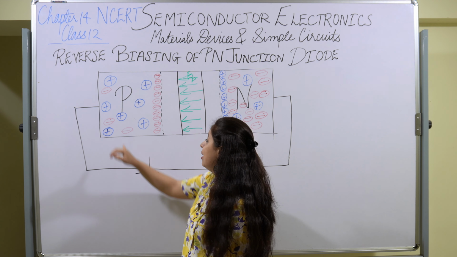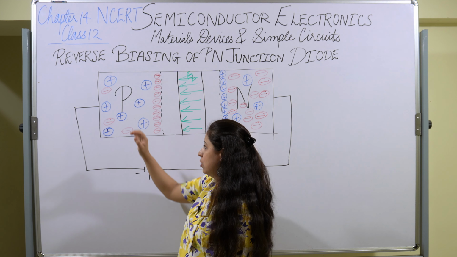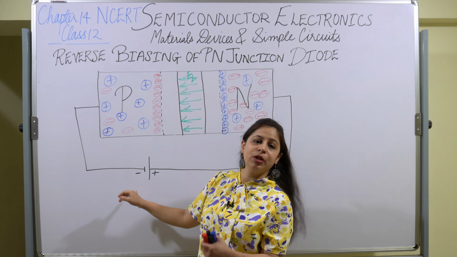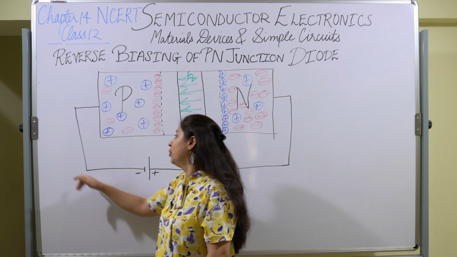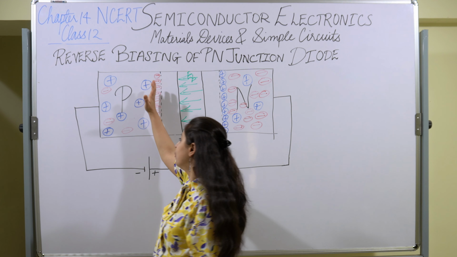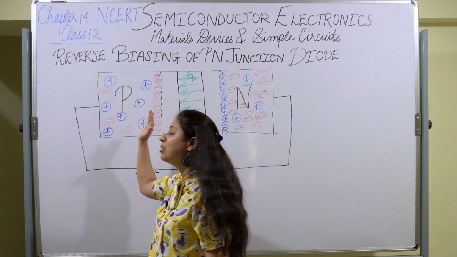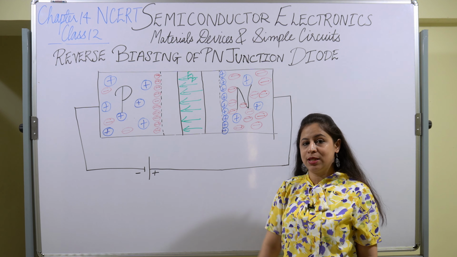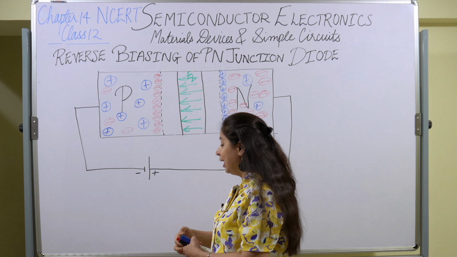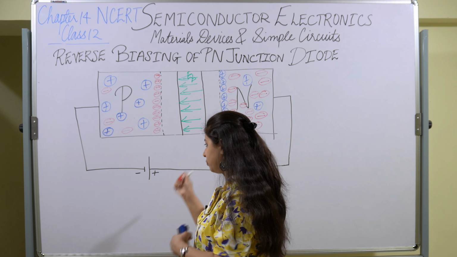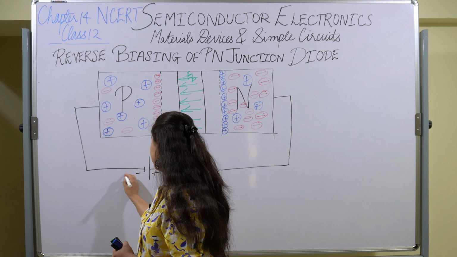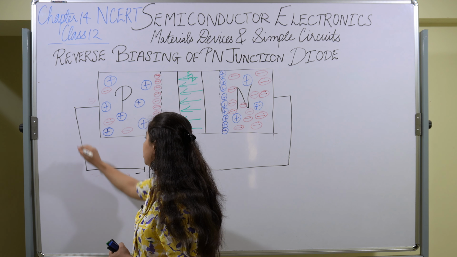So electrons move from the battery, from the negative terminal, and they attract the holes.